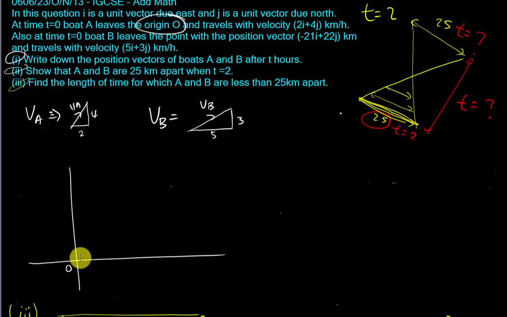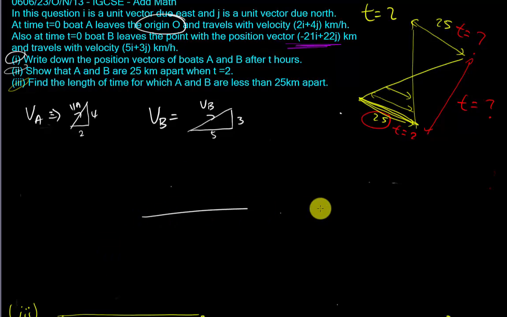Particle A actually uses the 2, 4 over here. Okay, this is particle A, so the velocity of A is moving like this. And then B is located at negative 21i, 22j. Not enough space here, let me sketch the thing out.